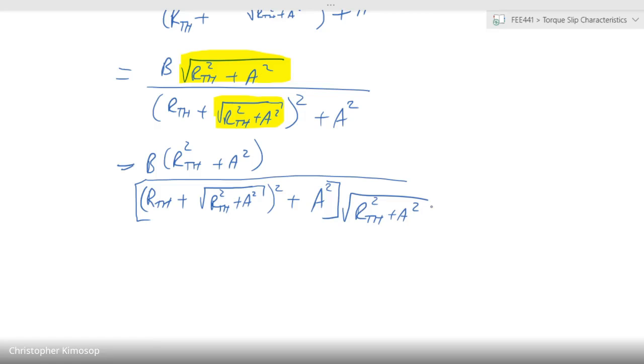Okay. Now that becomes a long expression, which when expanded out becomes B R Thevenin squared plus A squared over the long expression.